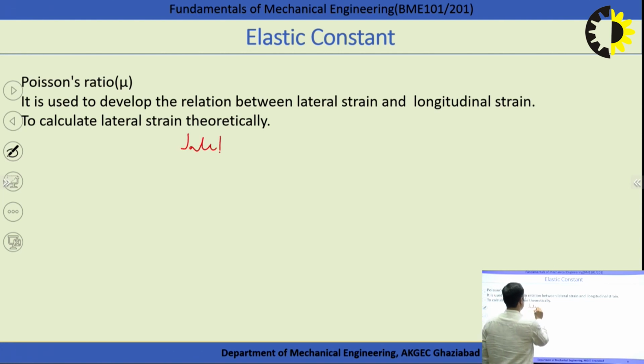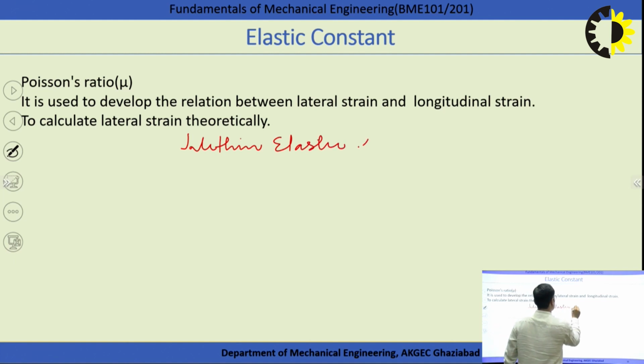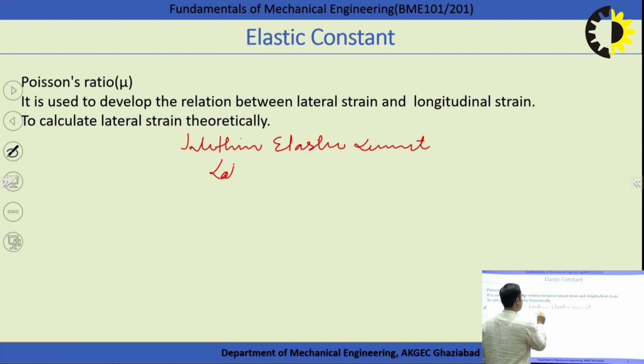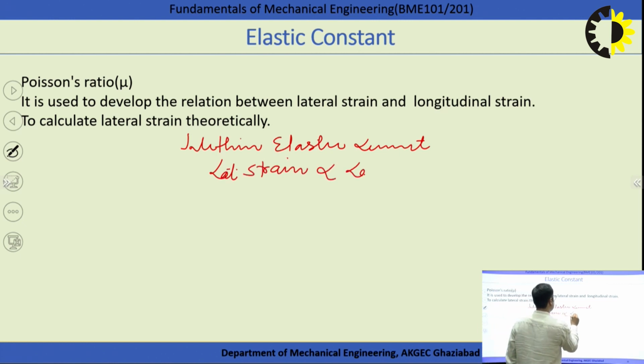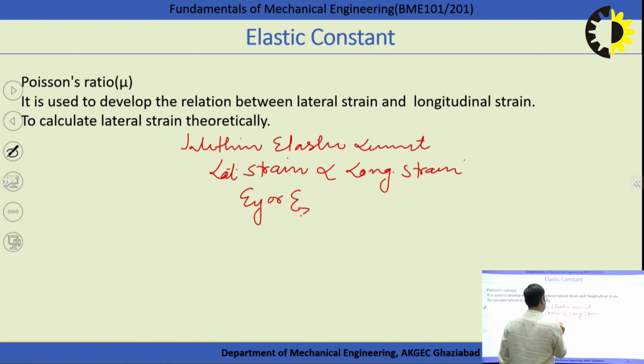Within elastic limit, we can say lateral strain is directly proportional to longitudinal strain. That is, epsilon y or epsilon z is directly proportional to epsilon x, if I am assuming the strain in the x direction is longitudinal and the other directions are lateral.